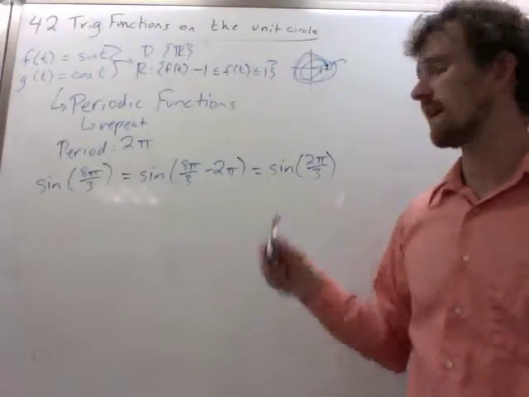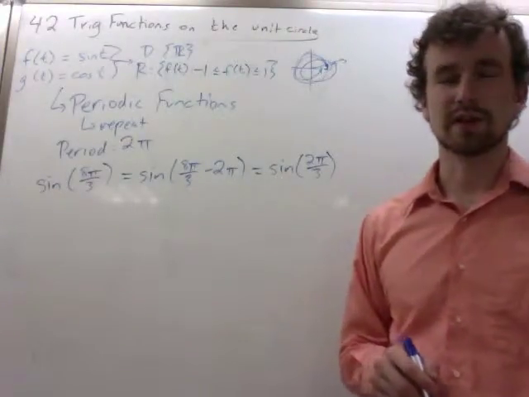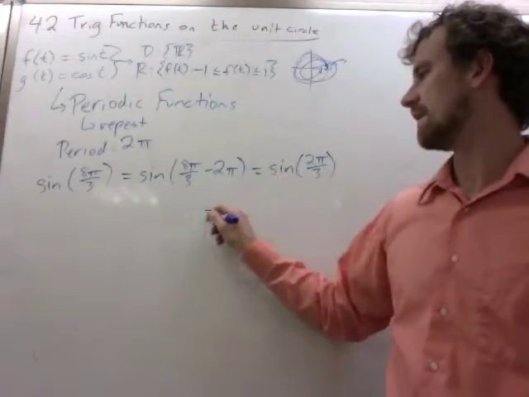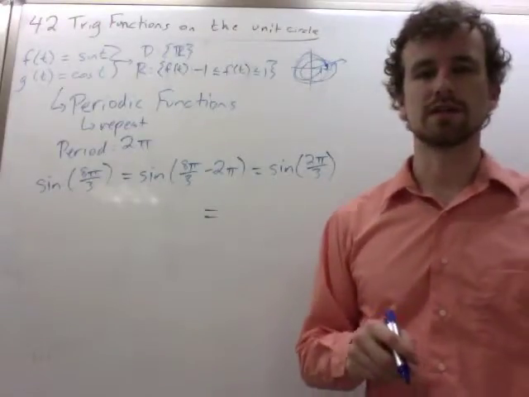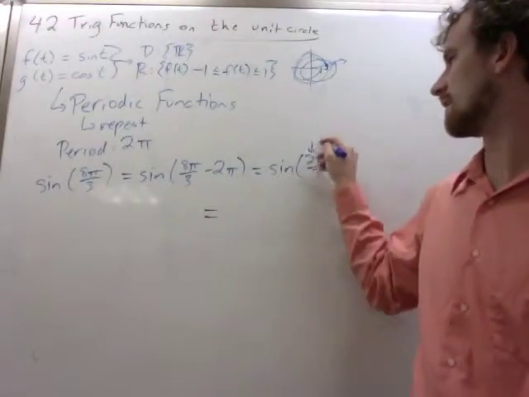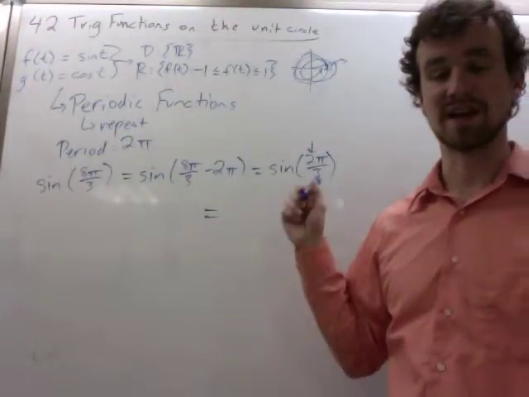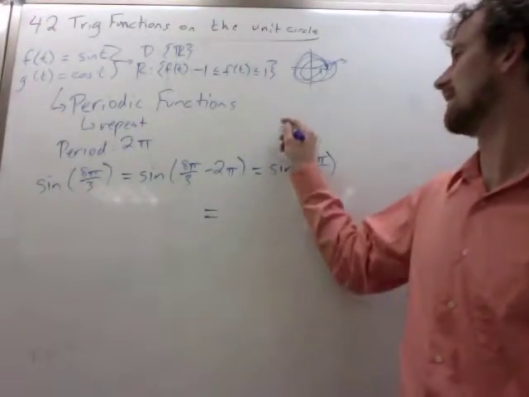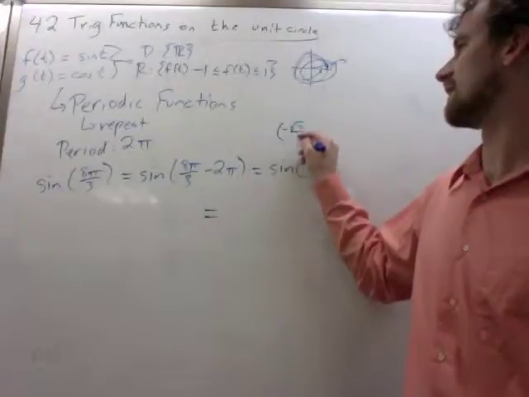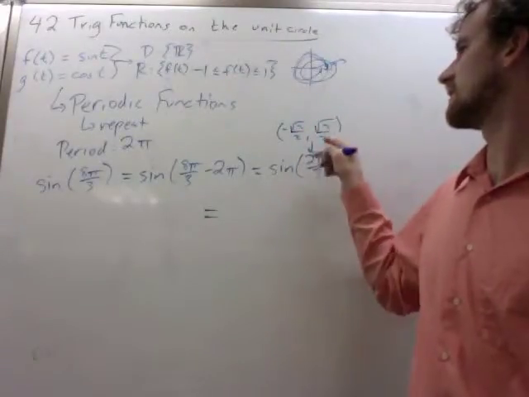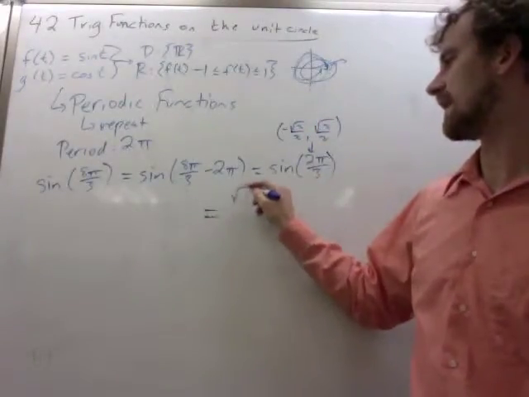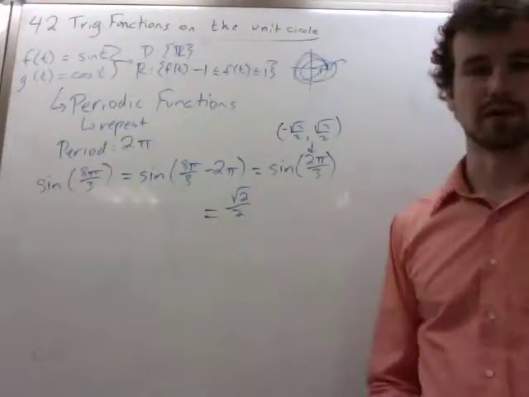And if you look at the chart in your book, it gives you the coordinates at which the angle 2 pi over 3 intersects our unit circle as minus root 2 over 2, root 2 over 2, and so the sine of 2 pi over 3 is root 2 over 2.